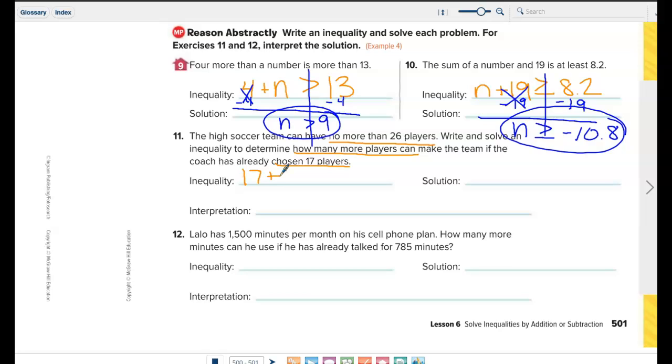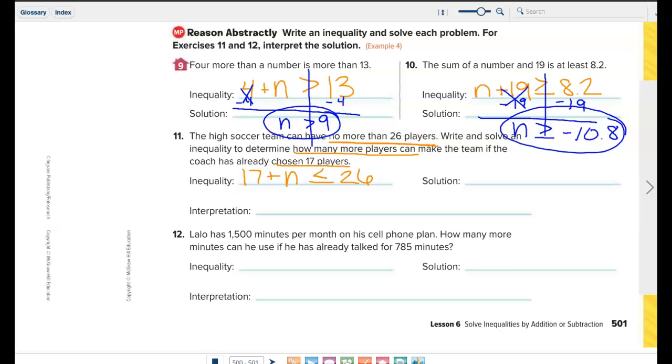We don't know how many more, so that's going to be our variable n. But we do know that we can have no more than 26 players. So we could have 26 players, so there's our equal sign, but we can't have anything more than that. So it has to be less than 26 or equal to 26. So there's our sign, and there's the rest of our inequality.